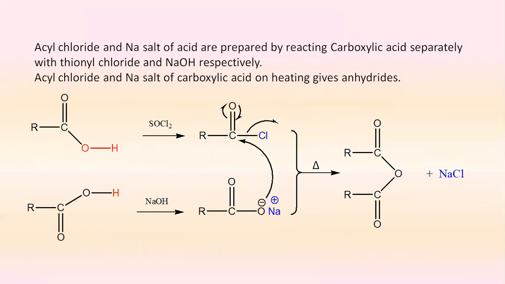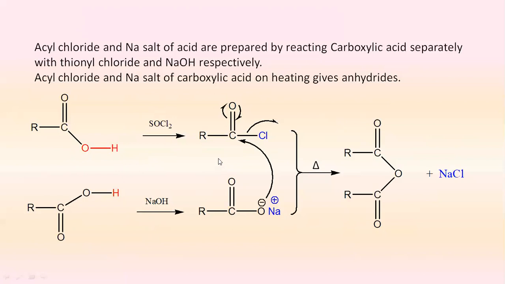Acyl chlorides and sodium salts of acids: what is taken here? Acyl chloride means RC double bond OCl, and the sodium salt of carboxylic acid is RC double bond OONa. They are prepared by reacting the carboxylic acid separately with thionyl chloride and NaOH. See the first reaction: RC double bond OOH, the acid, reacts with thionyl chloride SOCl2.